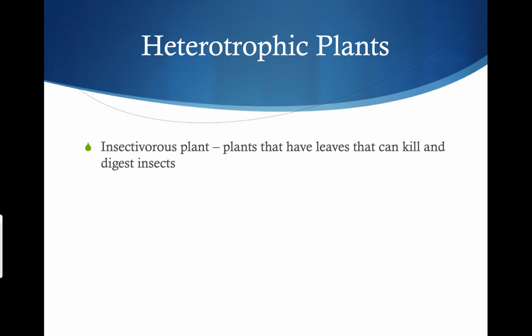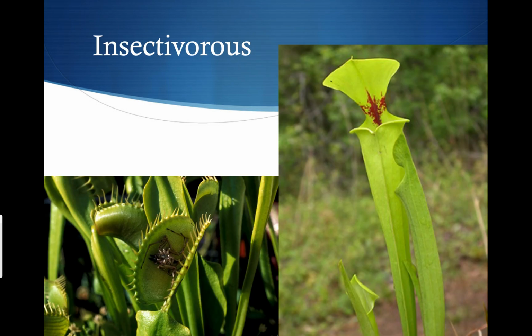Some plants are what we call heterotrophic. Most, if not all, plants are autotrophic, which means they can produce their own food through photosynthesis. But some plants are also heterotrophic, meaning that they can kill or eat other organisms, such as insects. The Venus flytrap, for example, here's a picture of it.